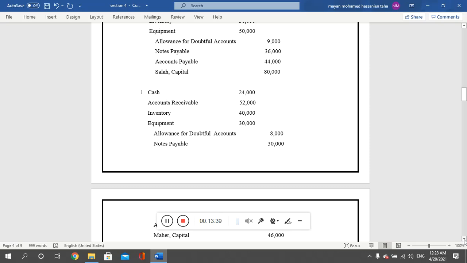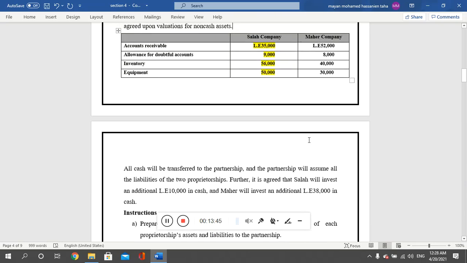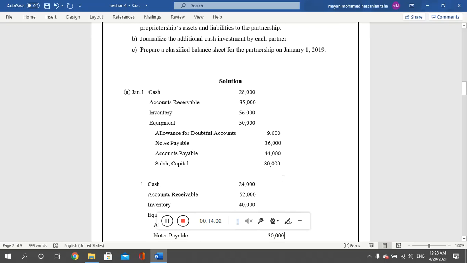These amounts are the asset amounts after valuation from the small table here, which I will color in yellow in order to differentiate it and make it clearer.